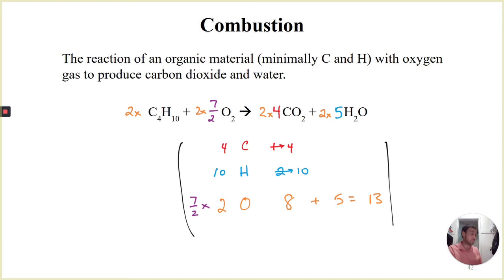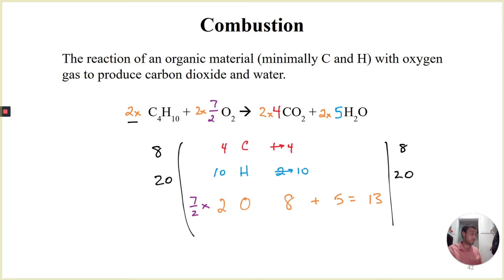If we look at our carbon, we would now have 8 carbons on the left-hand side, because 2 times 1 is 2, and that's C4H10. On the product side, 2 times 4 explicitly is 8, but there's only 1 carbon in CO2, and we would get 8. Hydrogen, 20. And 2 times 5 is 10, times another 2 from our H2O, we would get 20.